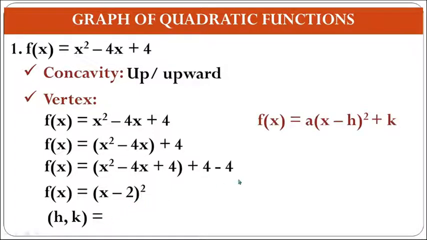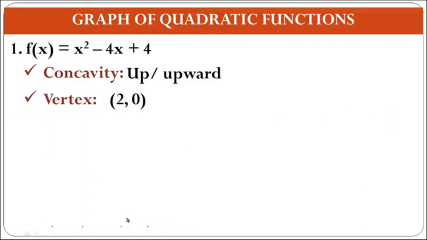Yung h natin is yung nandito, minus h. Yung k is yung nasa labas. Wala kang nakikita, therefore h is 2, k is 0. Positive 2 lang siya kasi from the given form, minus h na yung given. So yung vertex ay (2, 0).